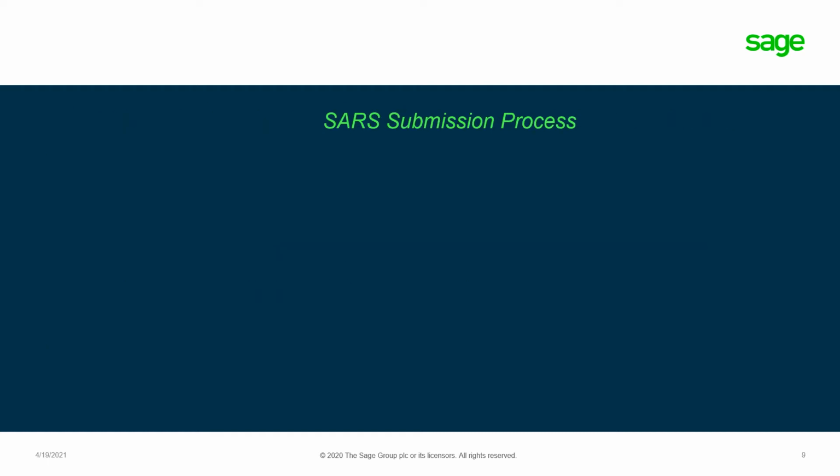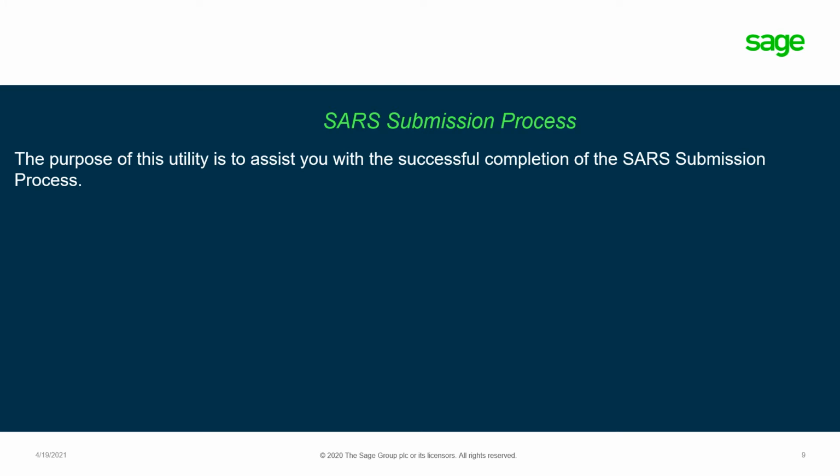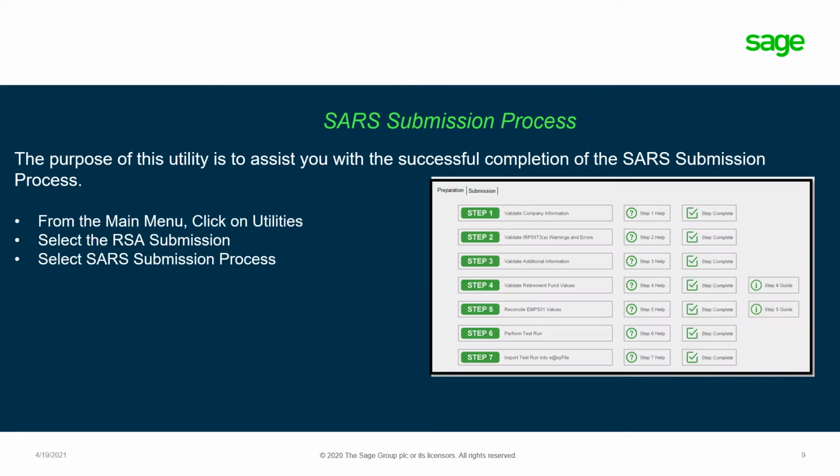We are now moving forward to the SARS submission process. The purpose of the utility is to assist you with the successful completion of the SARS submission process. To access this utility, from the main menu, click on Utilities, select the RSA Submission, select SARS Submission Process. Perform each of the steps.